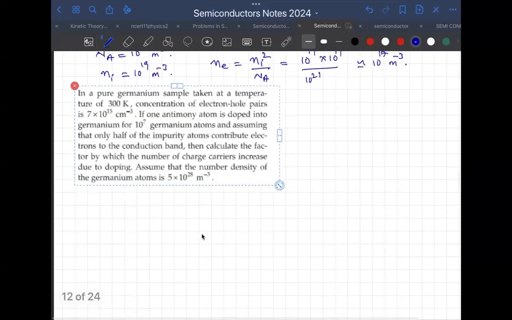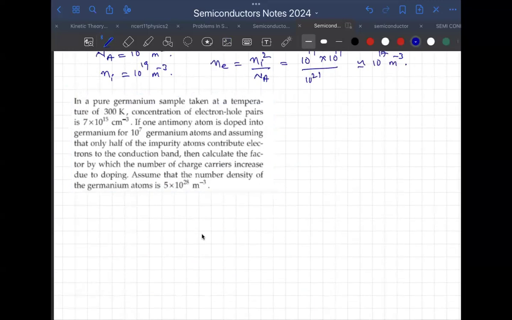With this, I think I can close. In a pure germanium sample taken at a temperature of 300 Kelvin, the concentration of electron-hole pairs is 7 into 10 power 5 per centimeter cube. So what they have given is n_i as 7 into 10 to the power of 15.